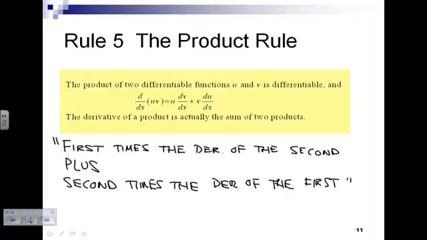And if you listen to me when I'm doing calculus, I will say this every single time I do the product rule.